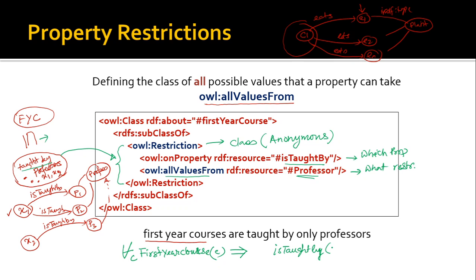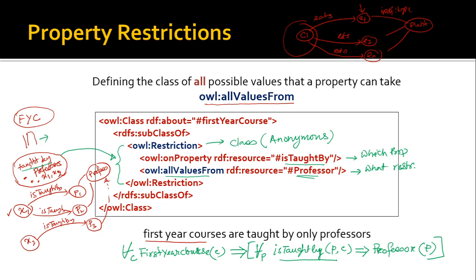So you have a professor who will be teaching a course, and you need to check with all the entities that are teaching this particular course. That implies this particular entity would belong to the professor class, right?